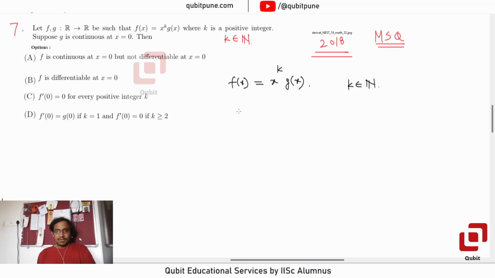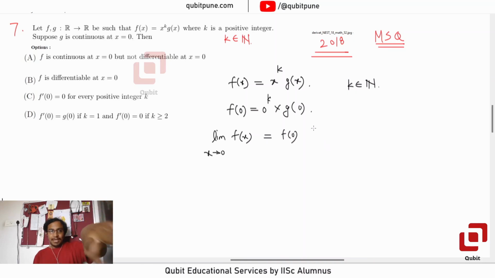Yes, it is, because f of 0 is 0 raised to k into g of 0, and limit of f as x tends to 0 is f of 0. And x raised to k and g of x, if two functions are continuous, then the product must be continuous. So continuity is resolved.